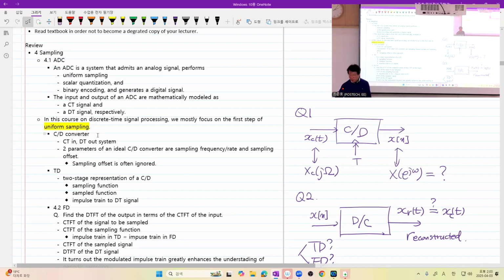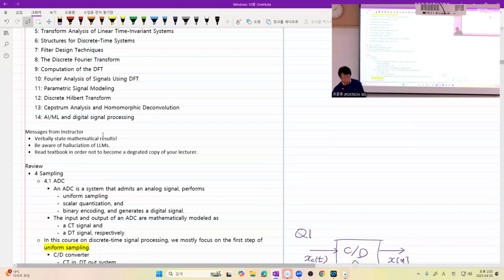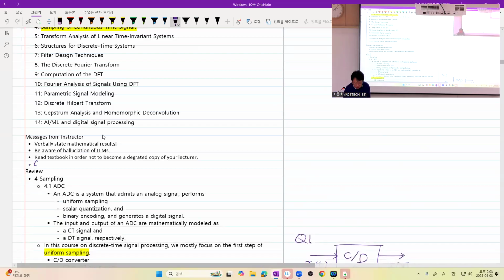Got it? So here goes my another message. Always never hesitate to stop and think. Got it? It's a kind of strange era where a lot of video lectures are available from the internet.